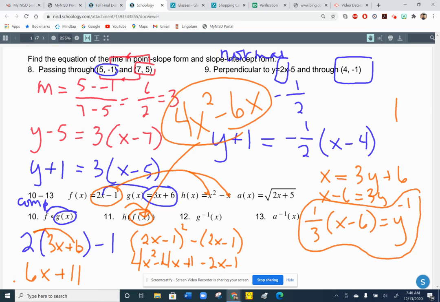And the last one is to invert this one, root 2x plus 5. So we're going to put the x out here, and the y goes underneath your radical, 2y plus 5. Okay, so the first thing I'm going to do is square both sides to get rid of this radical. So x squared equals 2y plus 5.